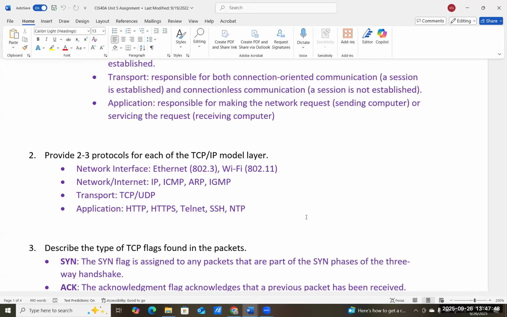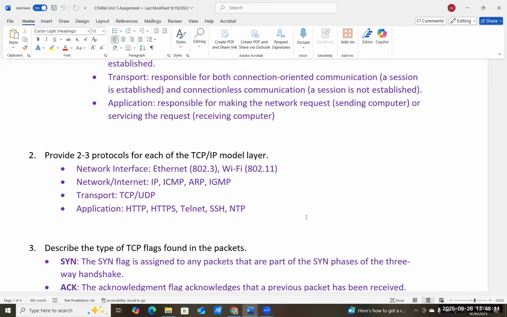Why is it here and not at the lower layer? Because it uses the IP address. It is a way to associate IP to MAC address, so it would be able to know what part of the network and which system. And then your IGMP.